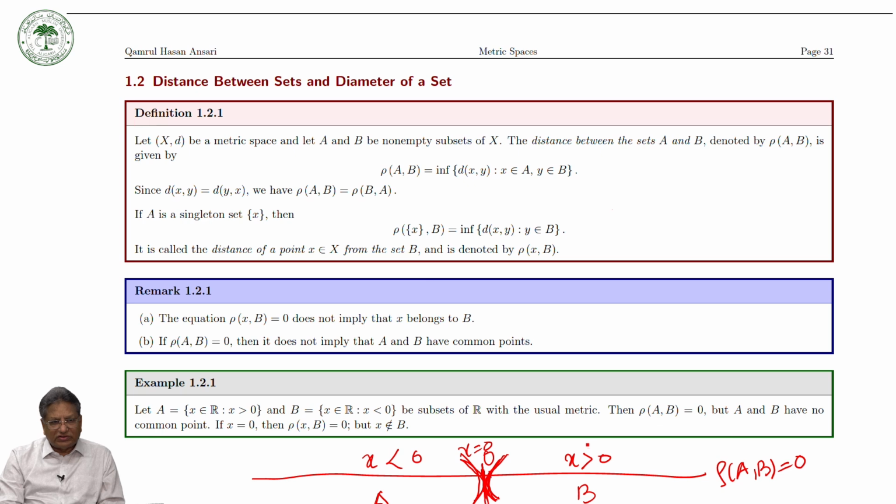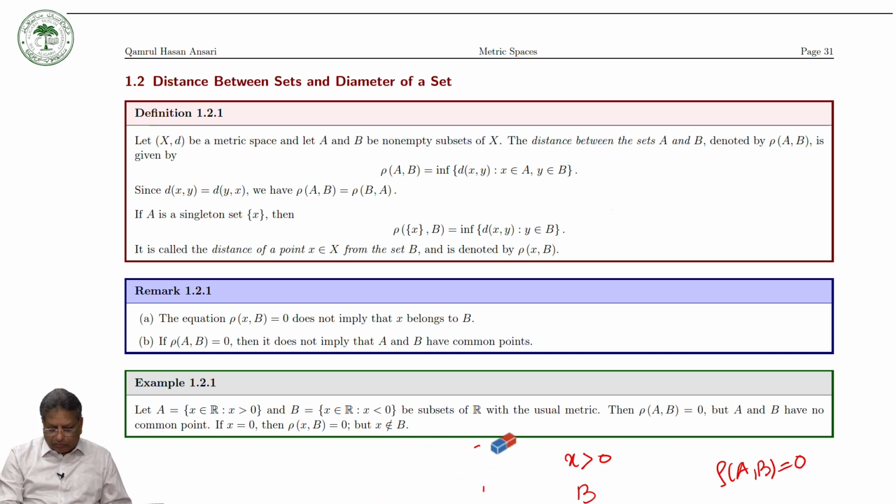Then you can see that the distance rho(x, B), the distance from a point x to the set B, is equal to 0, but x does not lie in B. So, we can conclude that if rho(x, B), the distance from a point x to the set B, is equal to 0, then it does not imply that x belongs to B. So this is the way we can conclude these things.